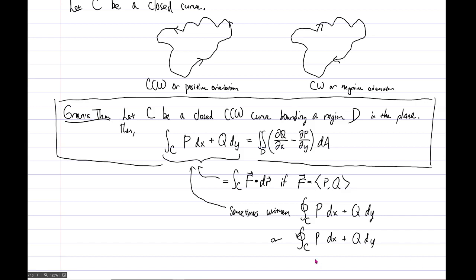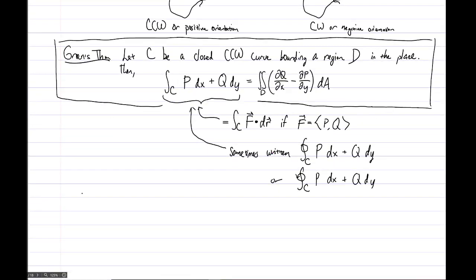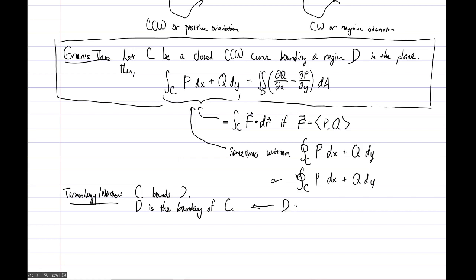Now, let's say a little something about the terminology and the notation. There's a lot to get used to here. For Green's theorem, we'll say language like C bounds D. We'll also use language like D is the boundary of C. There's a notation way of saying that: it looks like the partial derivative symbol because it's the same symbol.